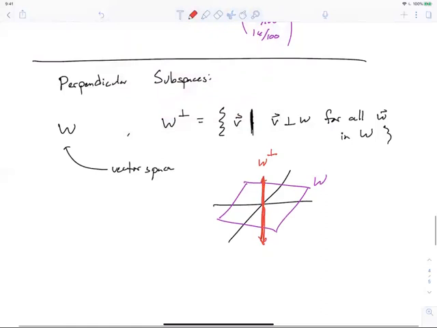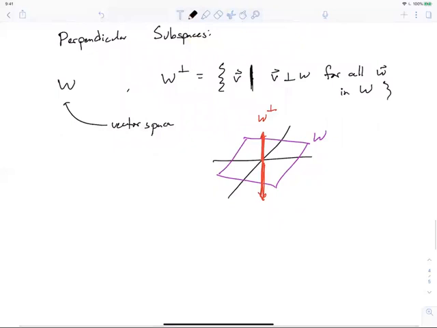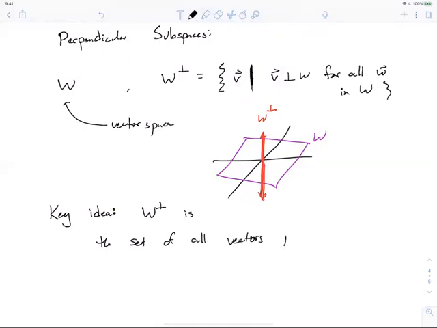Now, this seems strange, but the perpendicular subspace is really just kind of a kernel. So the key idea is that if you have a basis of W, then all you have to do is find the set of all things that are perpendicular to that.